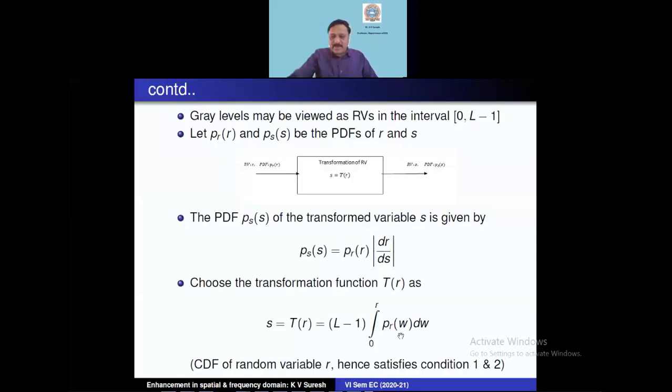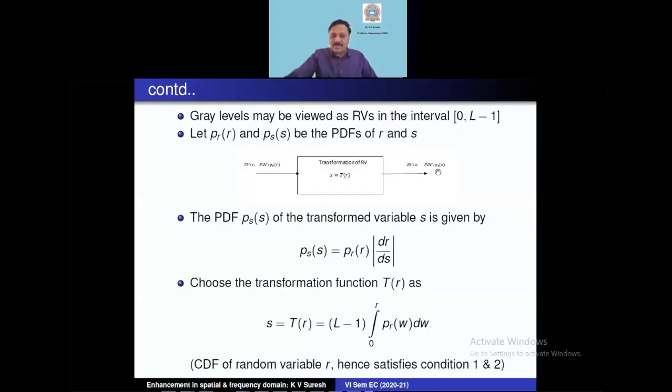I am integrating the input PDF from the minimum, 0, because gray level values start from 0, up to a value R. This is actually the cumulative density function of the input, because cumulative density function means you start accumulating the probability values from the minimum towards the value that is required. So if you choose the transformation function to be the CDF of the input random variable, then the output PDF will be uniform.